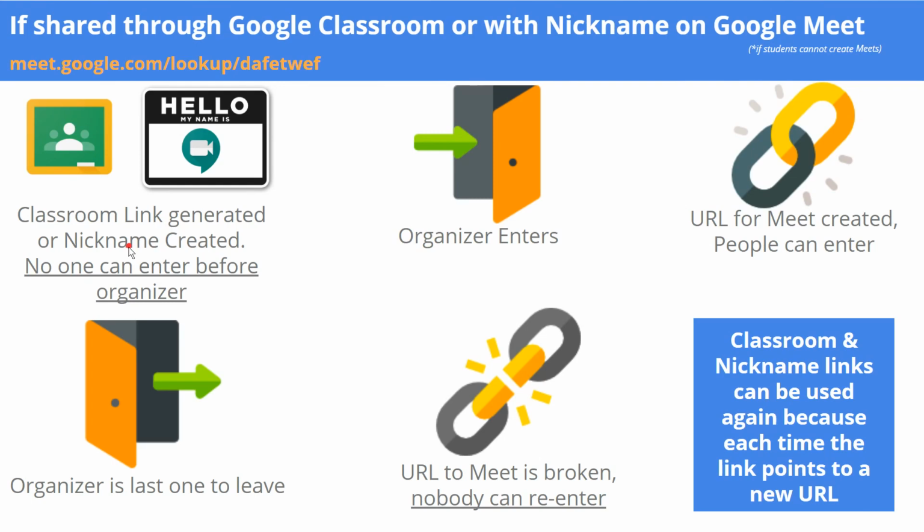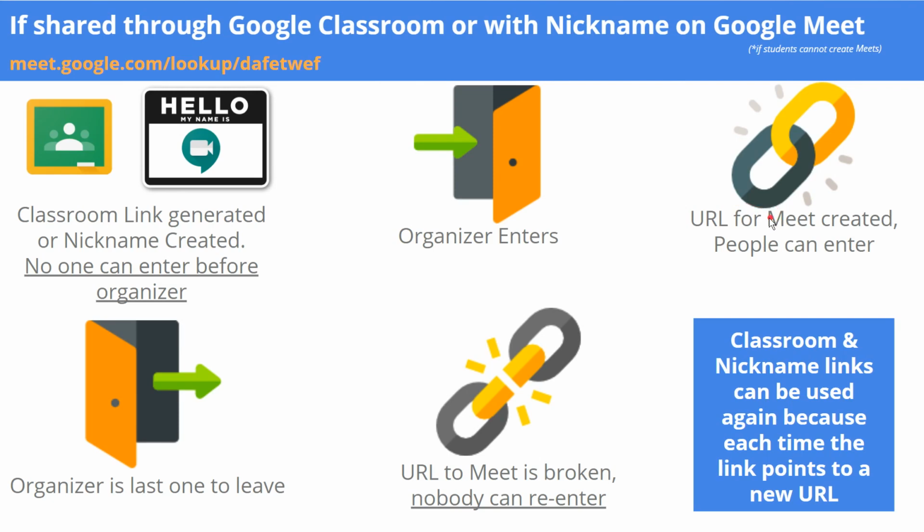What happens with those is that no one can enter before the organizer. And as the teacher, you are the organizer of that live classroom Google Meet. So when you enter the classroom, that's when the URL becomes active and other people can then enter into it.